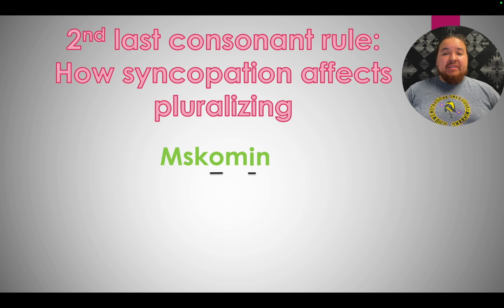Next, we need to examine the sounds in front and behind the M sound. If there's a vowel sound in front and a short one after, we got to Thanos that short vowel sound and get rid of it. So the first, that O sound in front is a vowel sound. We can maintain it with an open mouth.